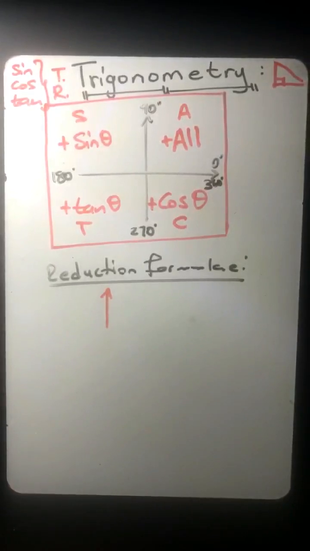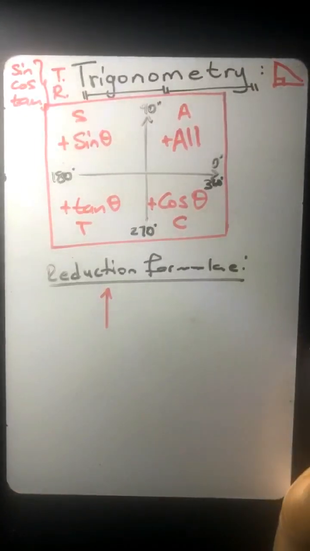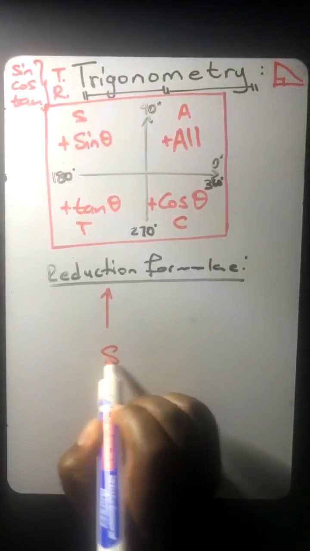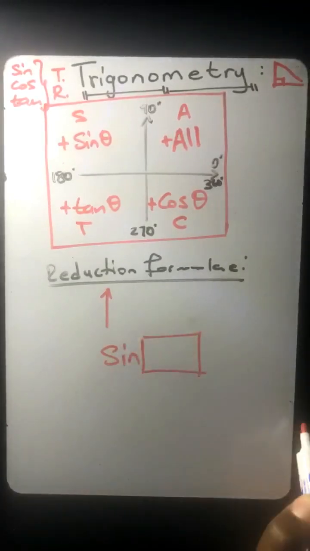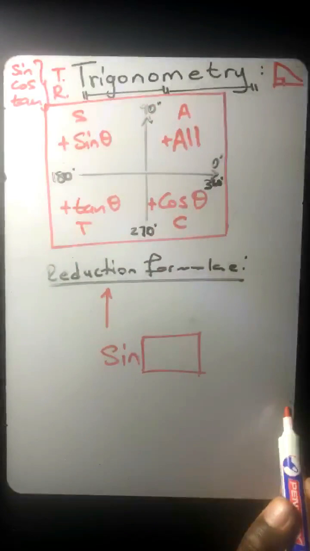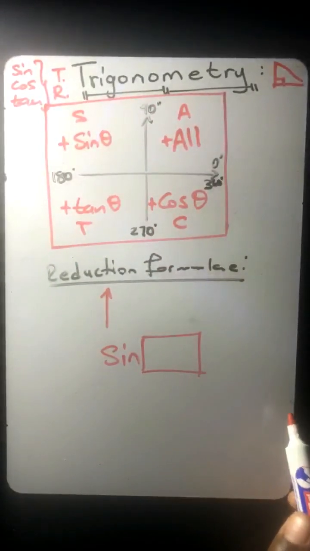We actually use these formulas to reduce the trigonometric ratios of any angle to an acute angle. Let me make it simple so that everyone can easily understand. Remember, you could have, let's say, sine of whatever angle. If this angle is more than 90, we use reduction formulae to reduce it to become an acute angle.